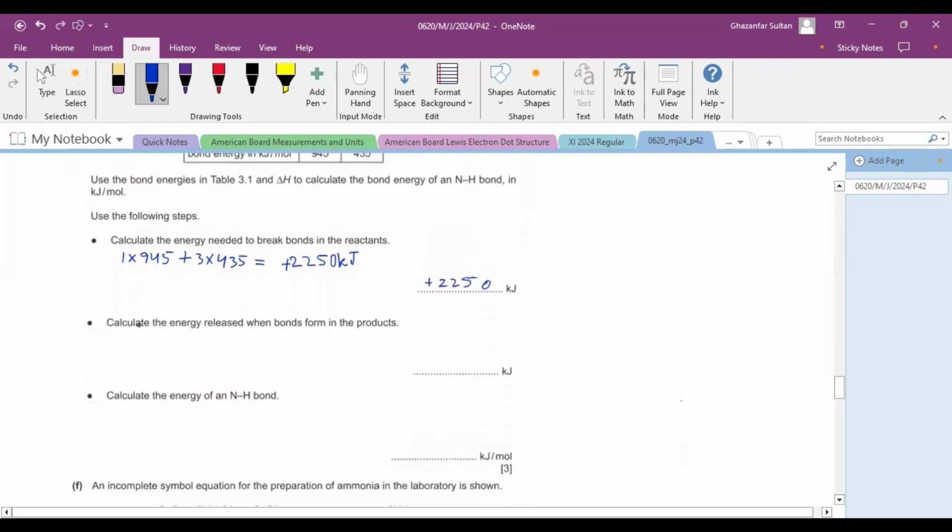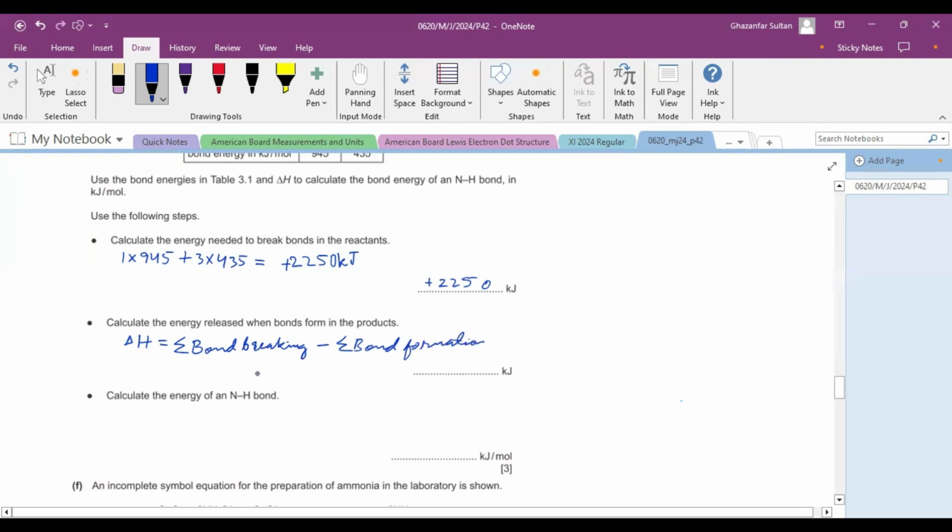So what can we do? We can use this formula: the enthalpy change is equal to the sum of the energies required for bond breaking, minus the sum of the energies for bond formation.